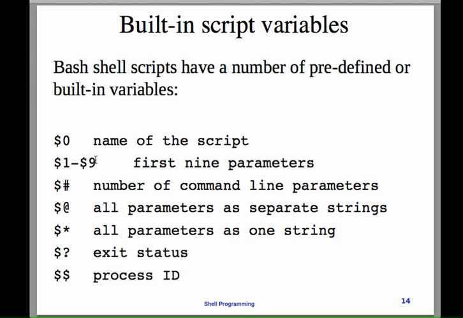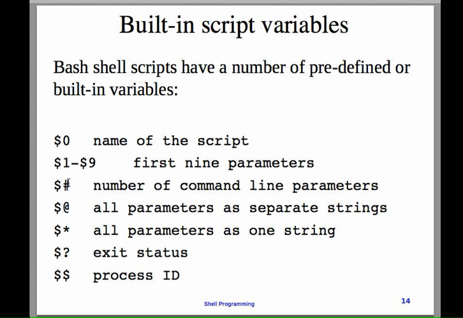And if you want to have more than 9 command line arguments for your script, you can do that, but you have to shift everything over so that you make the 10th one the 9th one, and so on, the second one the first one, and then you can read the 10th one. Then you can shift again, any number of times, but there are only 9 of them that have names.